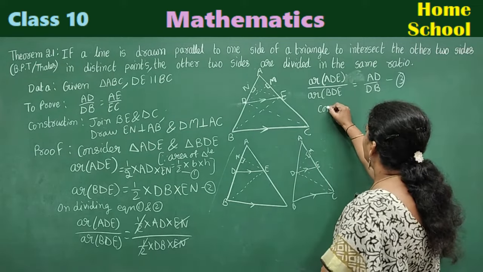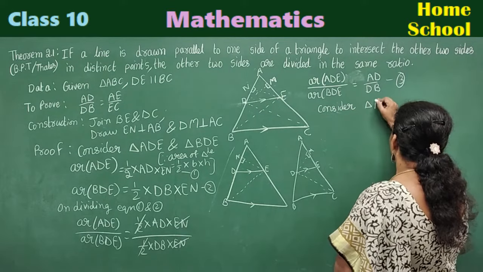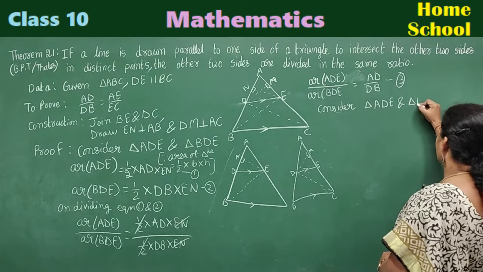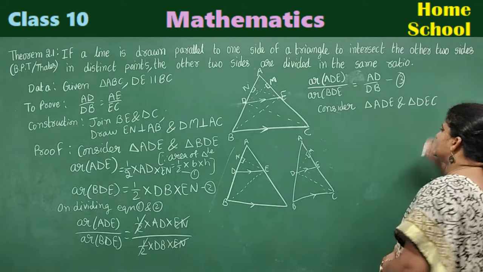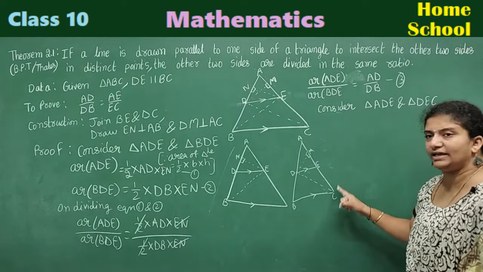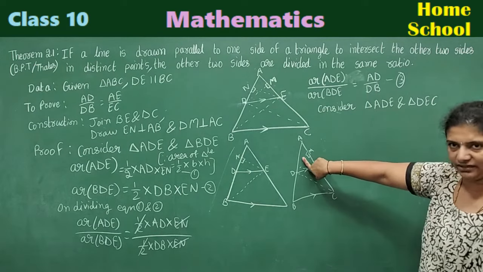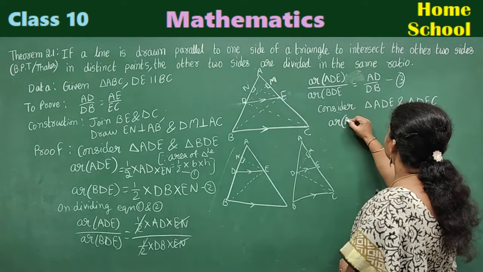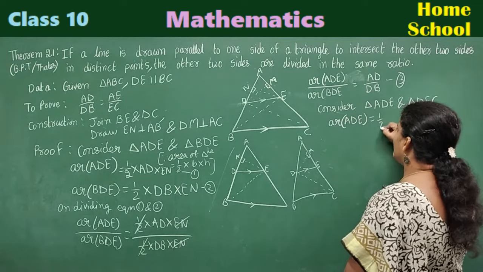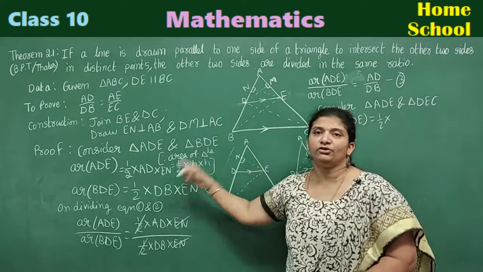Now, consider triangle ADE and triangle DEC. Only this triangle I am talking and this triangle. Area of triangle ADE. There you do the mistake here, children. What you know that ADE, already you have written AD into EN, you will write.